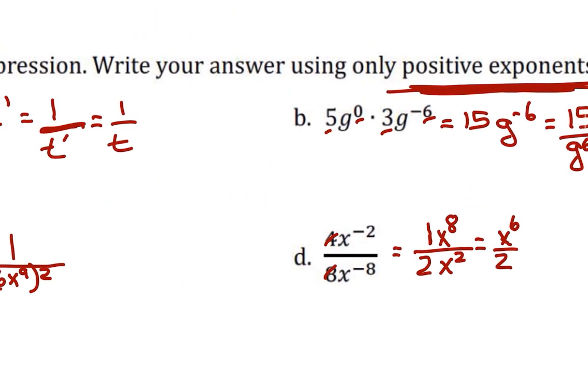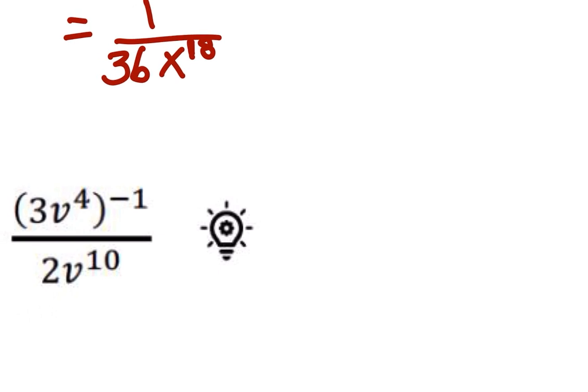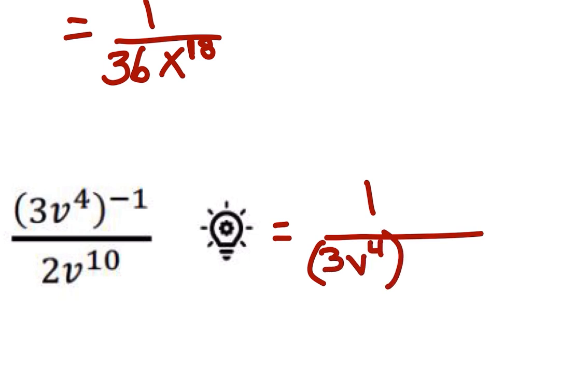All right, let's go to our 2 light bulb problems. I don't think E is that challenging compared to F, so let's start with E. The first thing I'm going to do is what we've been doing all day today. We're going to take the quantity that's raised to a negative exponent and put it on the other side of the fraction line. So we have 3v to the 4th to the +1 times 2v to the 10th.